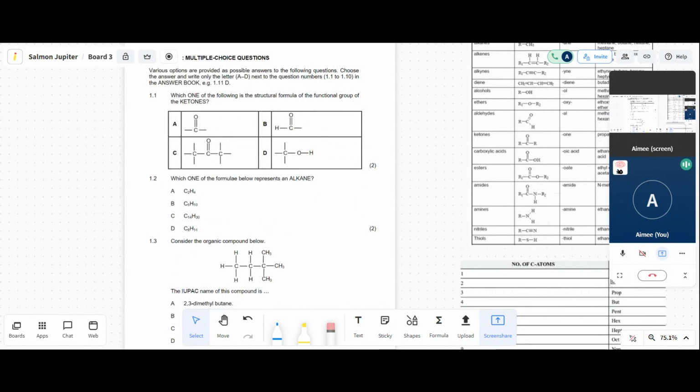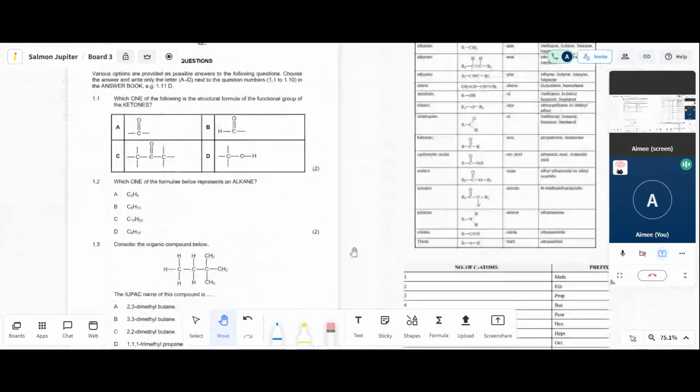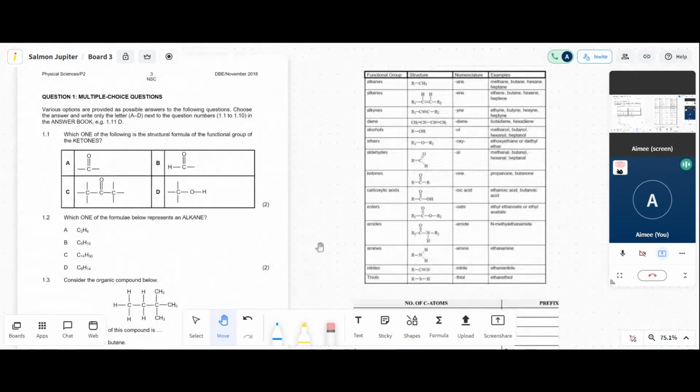Question 1.1 says, write which one of the following is the structural formula of the functional group of the ketones? Something that's very important to know is that with chemistry, the more you study, the better you'll do.